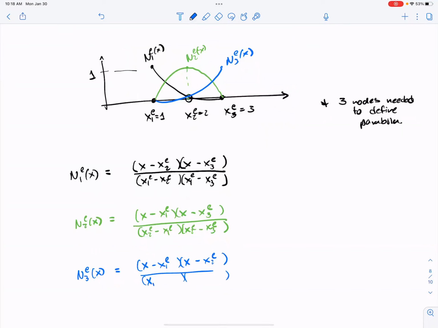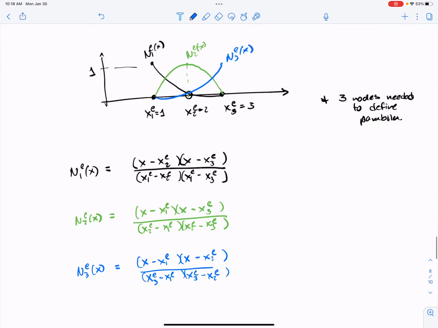And then just normalize so that it is 1 when x equals x3. These are the 3 parabolas. You can plot them. You'll see that they satisfy that.